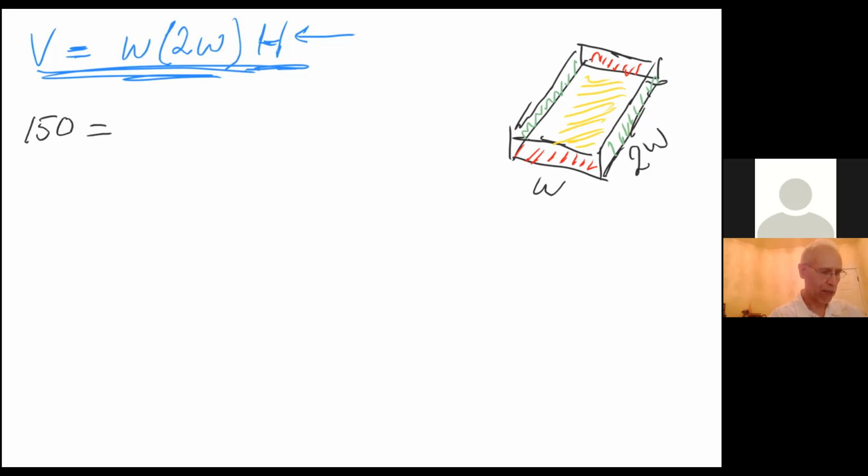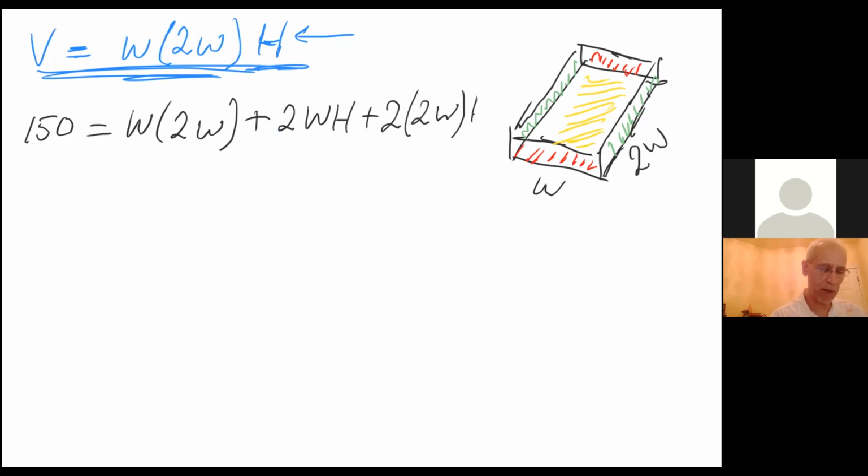Out of that, I have the area of the base, which is width times 2 width, plus 2 fronts, which is 2 width times height, plus 2 sides, and the area of each side is 2 width times height. Simplifying this gives me 150 equals 2w squared plus 2 and 2 is just 4, 6 width times height.